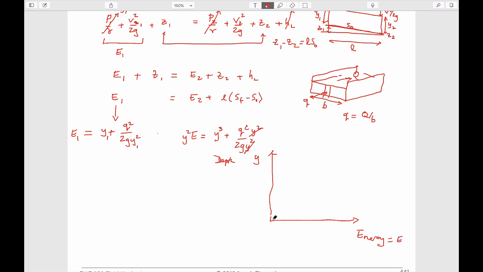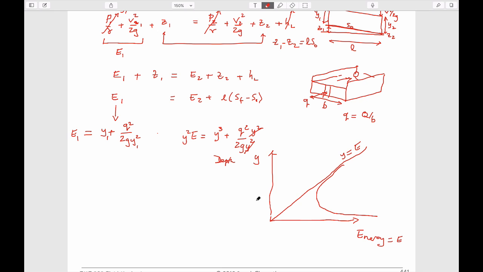then importantly it's a quadratic that has some very particular features. There's a bounding line here which is at 45 degrees, which is y is equal to energy, as it turns out. And inside this bounding line, if you just choose a given value of flow rate and you choose a value of y, you'll get a value of E out of it.